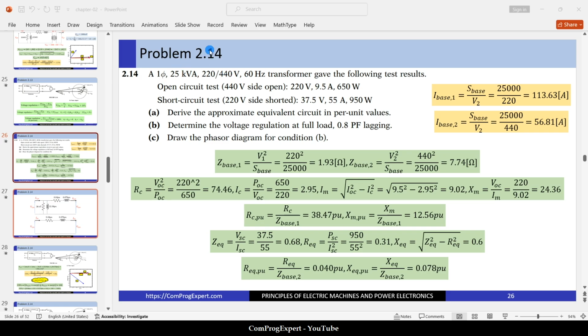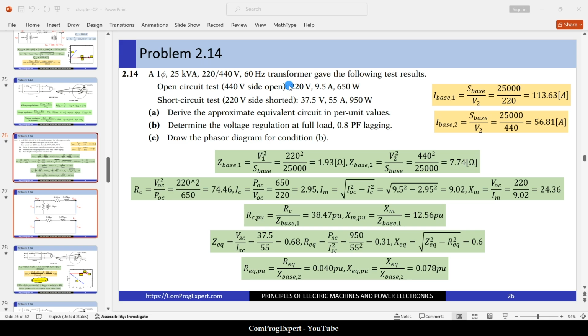Problem 14. A single phase 25 kVA 220 to 440 volt 60 Hz transformer gave the following test results. Open circuit test. The high voltage side is open.